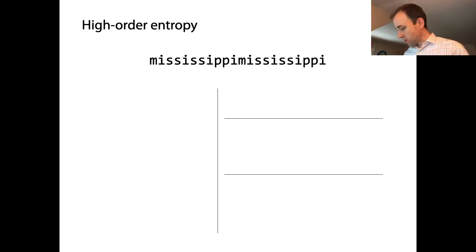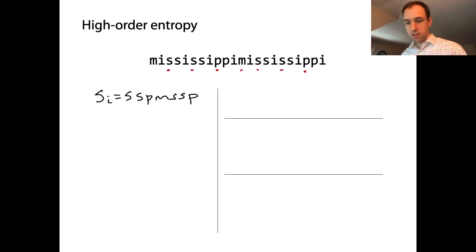And so let's start off by constructing our string big S sub I. In other words, this is the concatenation of all the characters that have I as their left context. So which characters are those? S, S, P, M, S, S, P.